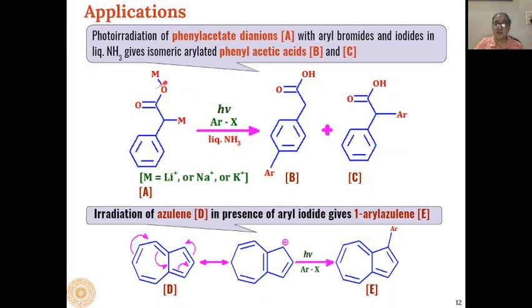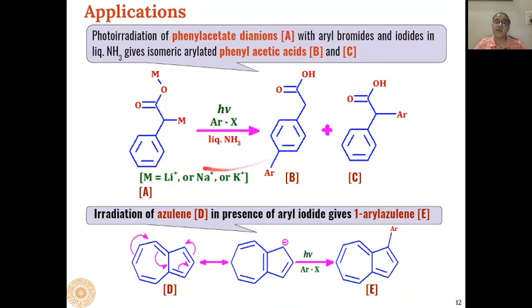Similarly, either this will break from here or it will break from here to give us these two isomers, and M free radical and X free radical will form MX, and aryl free radical will get joined to this place, and similarly we will get the other isomer and arylation will take place at this place.